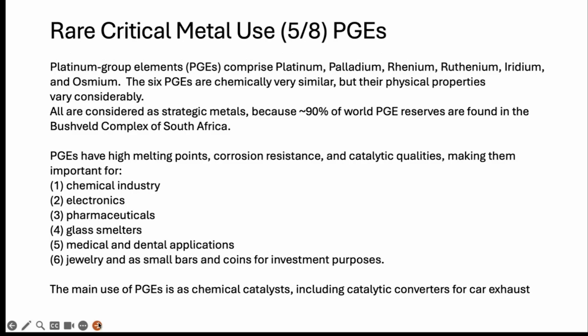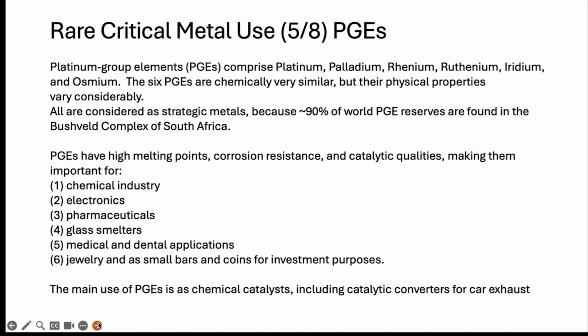The next ones are what we call the PGEs, the platinum group elements, which consist of platinum, palladium, rhodium, ruthenium, iridium, and osmium. So there are six PGEs. They're chemically very similar, but their physical properties vary considerably, and they're all considered strategic metals because 90% of the world's PGE reserves are found in the Bushveld complex.